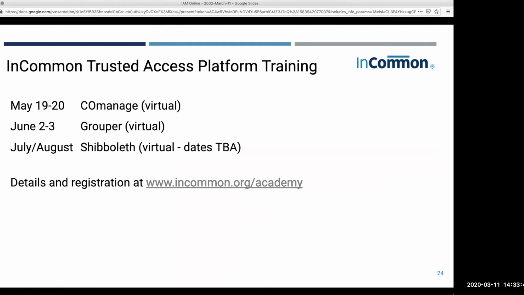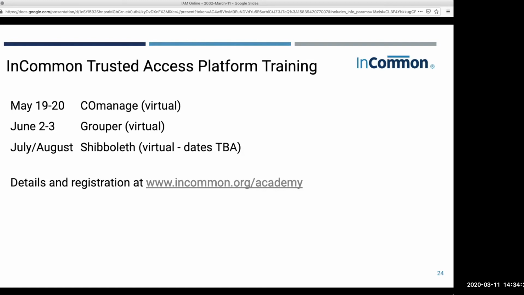That's CoManage training May 19-20, Grouper June 2nd and 3rd, Shibboleth sometime July, August. Again, if you go to InCommon.org/academy, you will be able to find details about that training. In a way, this should lower the barrier for people to participate in the training, because you can subtract all the travel and lodging costs. But we're all improvising as things go with this latest excitement.